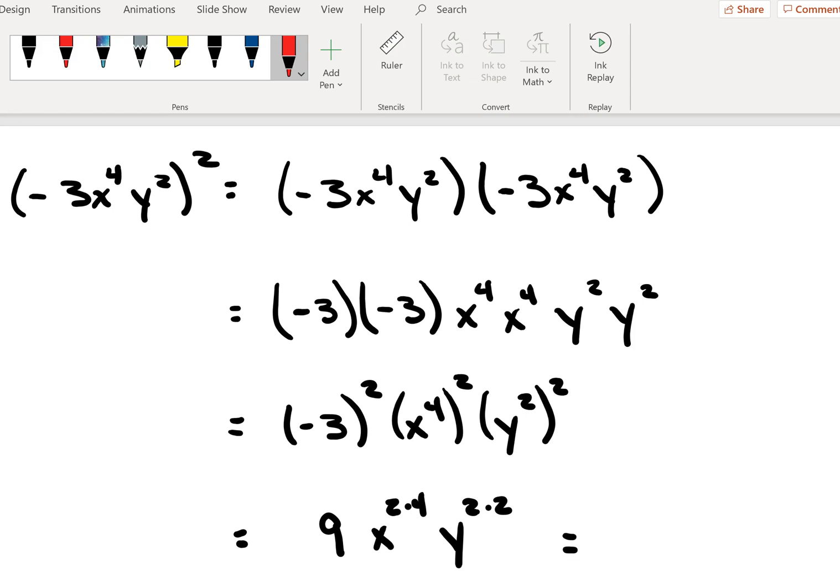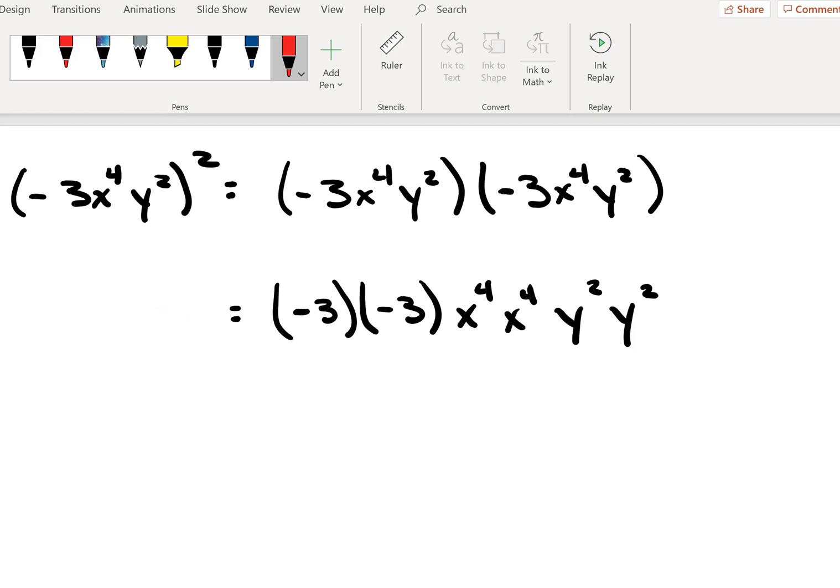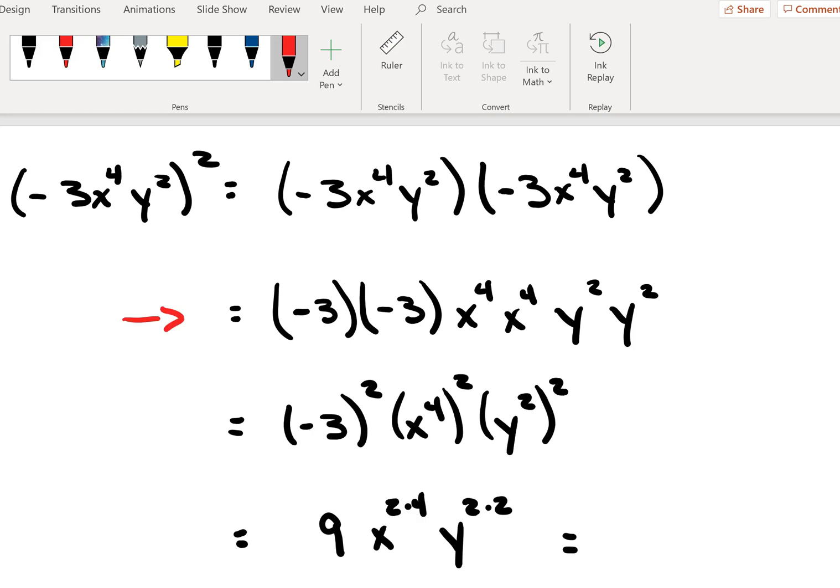When we go back to the step that we saw in our original run through, we see that we can apply our exponent rules and recombine. We have 2 copies of -3, so that would give us -3, the quantity squared, and then x to the 4th squared. We have 2 copies of x to the 4th multiplied together, and then y squared squared.